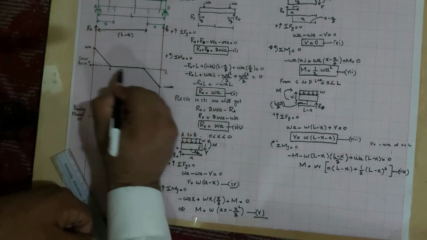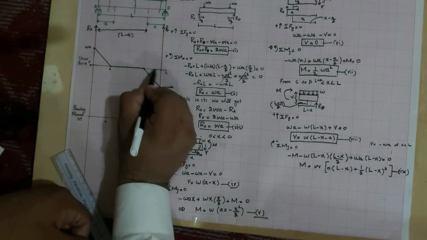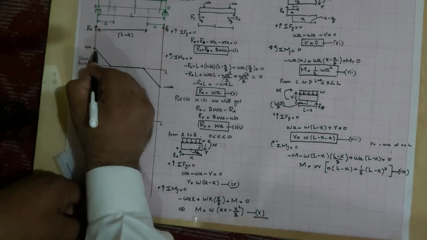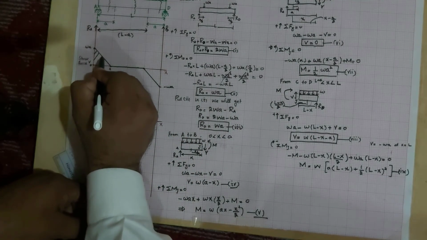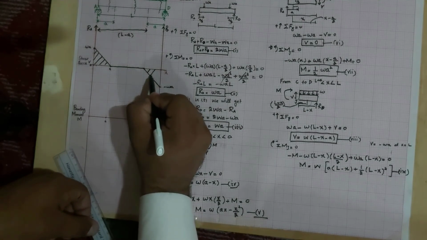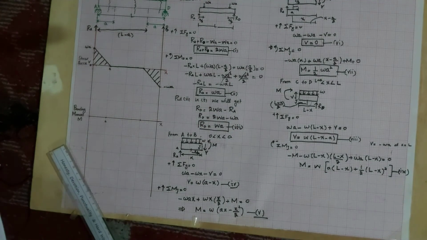This is point A, and this is also at a distance from A. If I shade it over here, this will be your shear force diagram for the above beam.